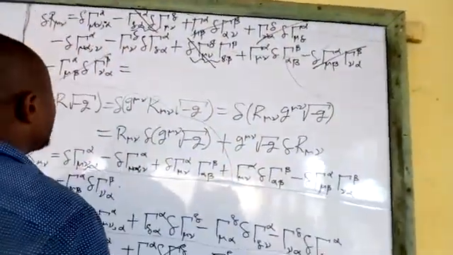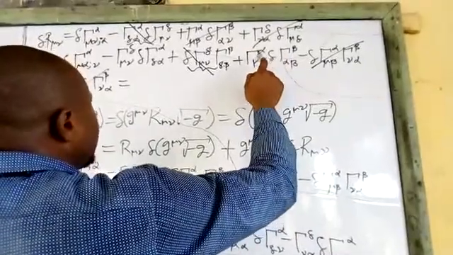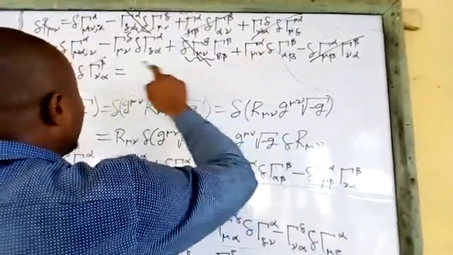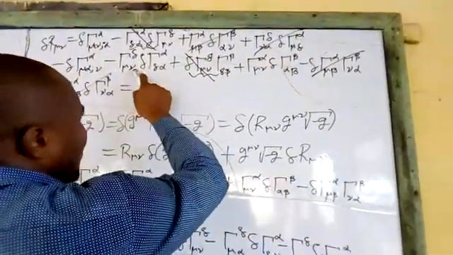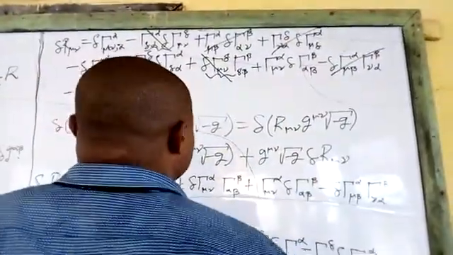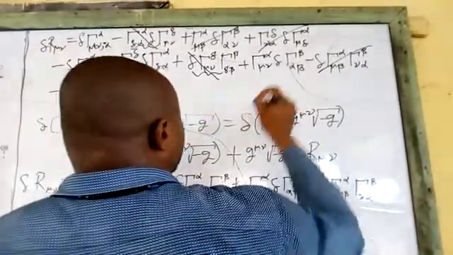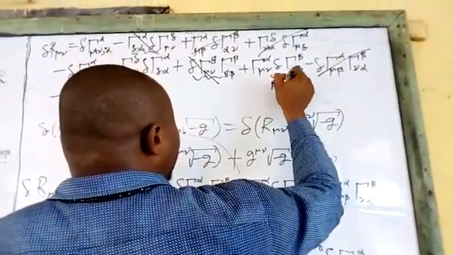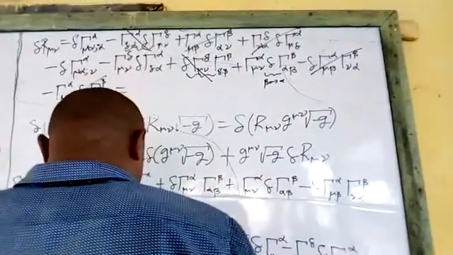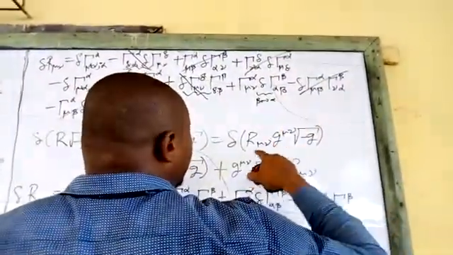Okay, now we're left with two more, which we hope and expect really that they cancel. So this is alpha mu nu, but this is delta mu nu. And here, instead of alpha alpha, I have beta beta. So I'm guessing it's all just the same. First of all, I can interchange beta here with alpha. In other words, wherever I see beta, I put alpha, and wherever I see alpha, I put beta.